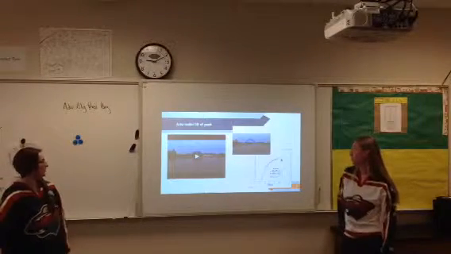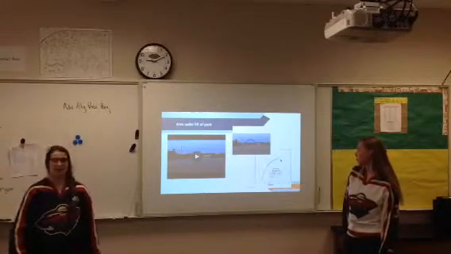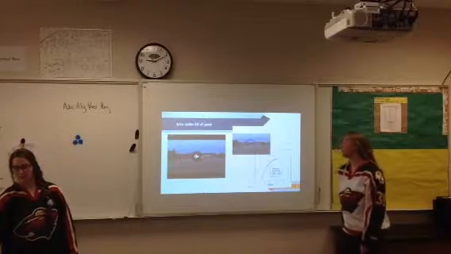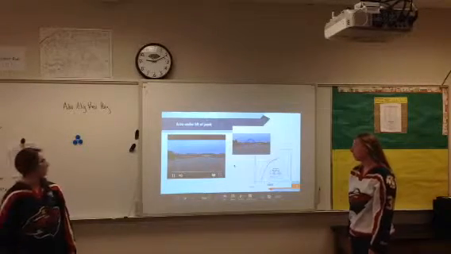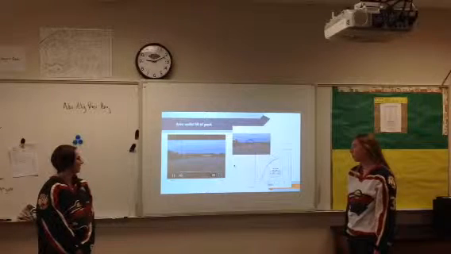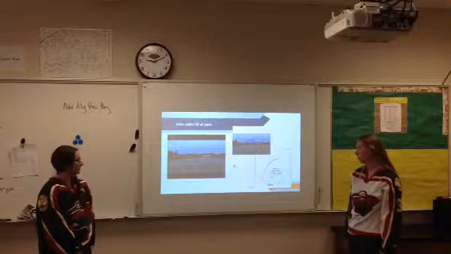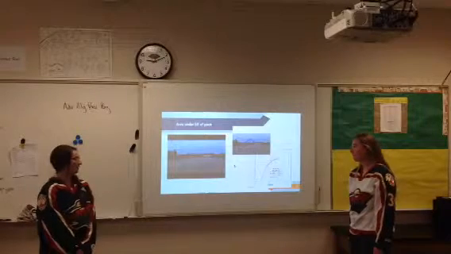Okay, so next we found the area under a lifted puck, and because we didn't have ice or a puck, we took a video using a practice ball. And that's a curve.